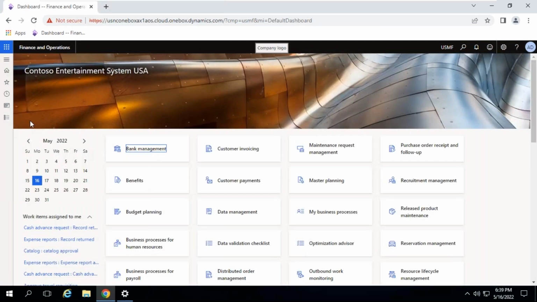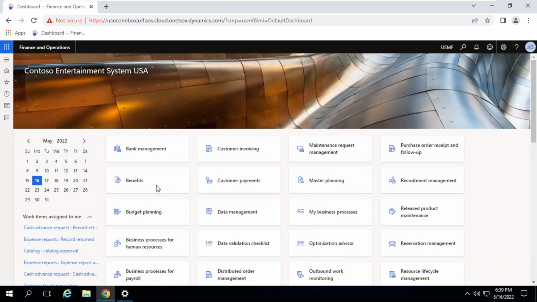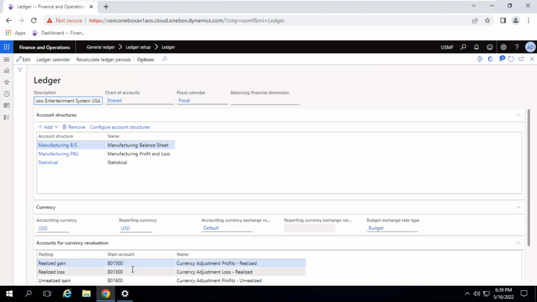So the first thing is, the minimum setup is that you need to map in the ledger setup. This account should be created and mapped in the structures.